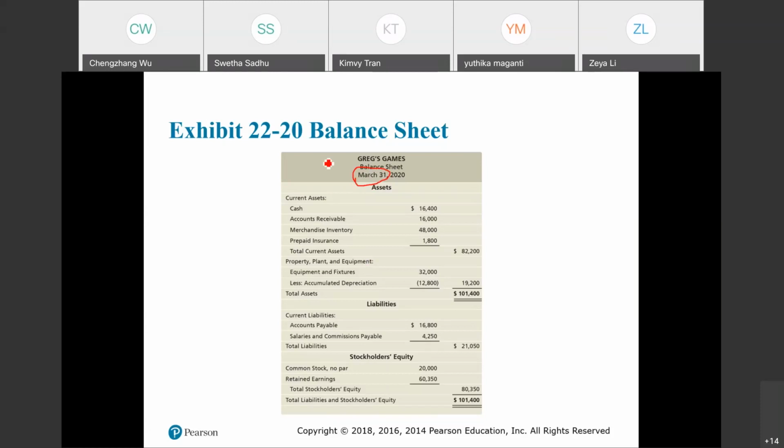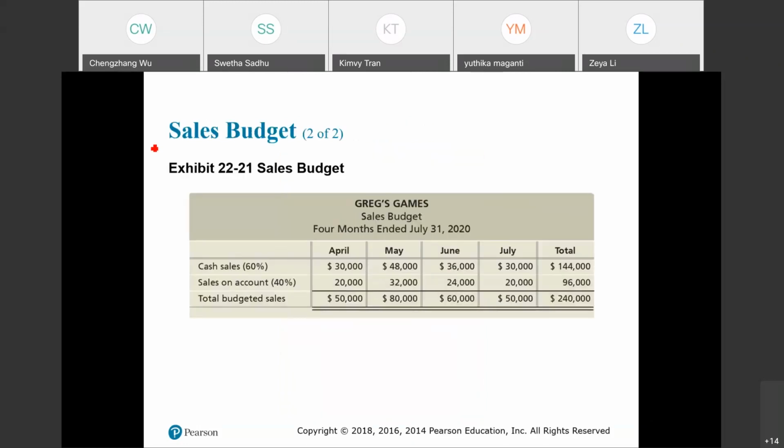We will make the budget for the following 4 months: April, May, June, and July. This balance sheet provides some of the data that we use in preparing the future master budget.